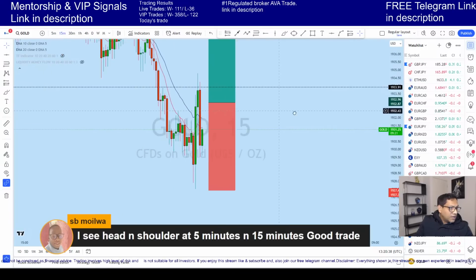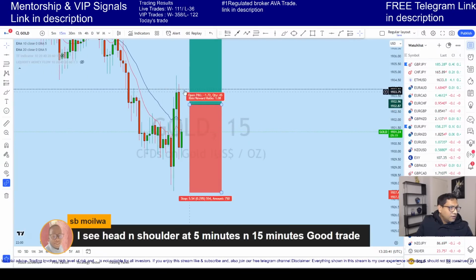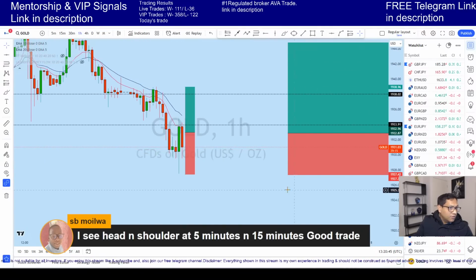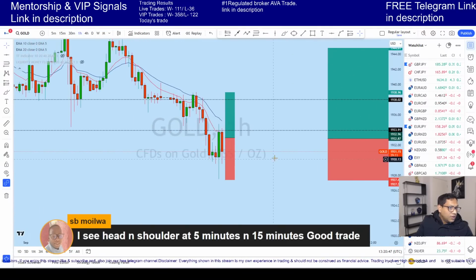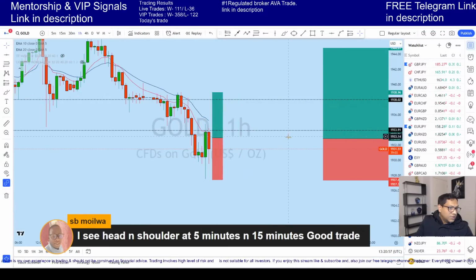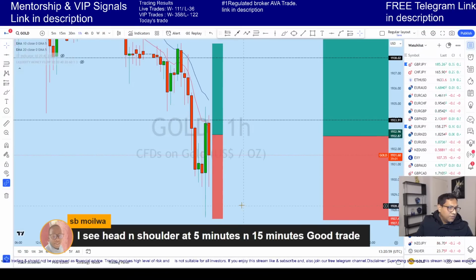If that's the case, then we should be able to see some profit on that one. So from the 1 hour, there was a very sharp rejection to the upside. With that rejection the price has gone to the resistance and again immediately has come down.